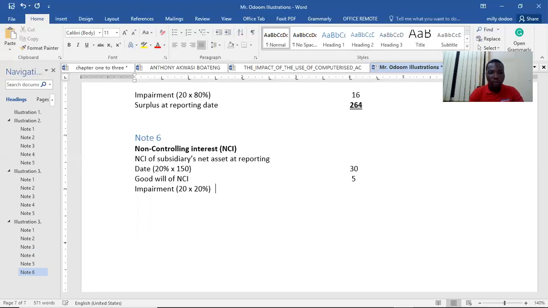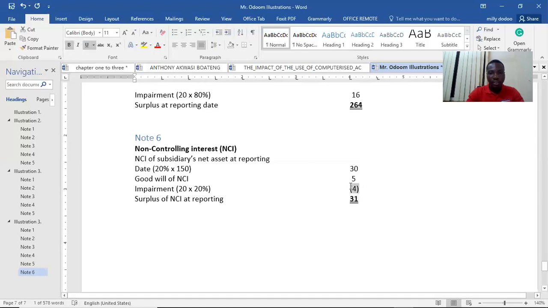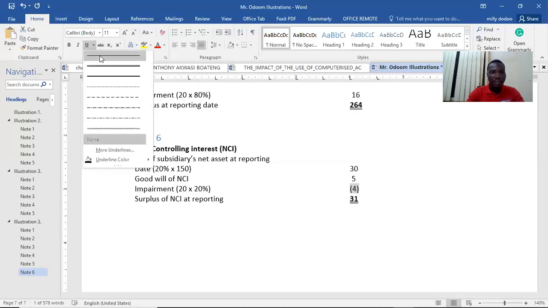So 20% of the 20, which is 4, will be attributed to the NCI. And so therefore, surplus of NCI at reporting is 30 plus 5 minus 4, 31. So NCI at reporting is 31.